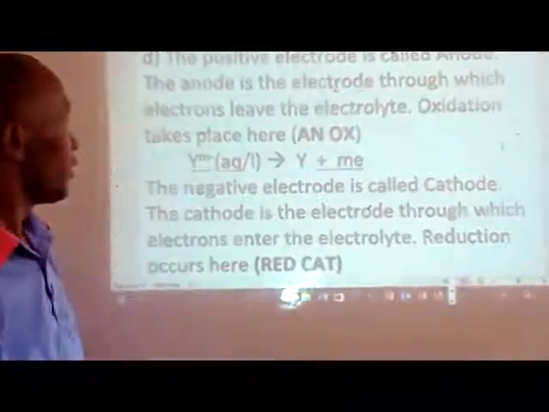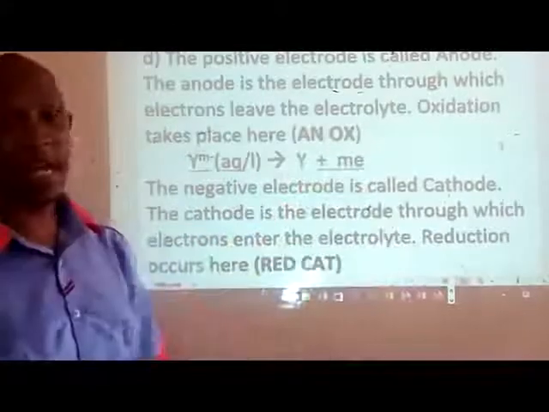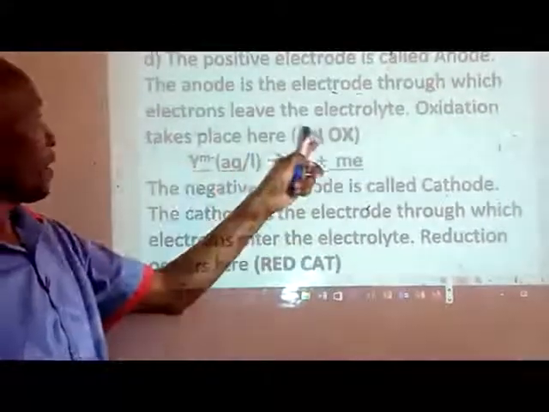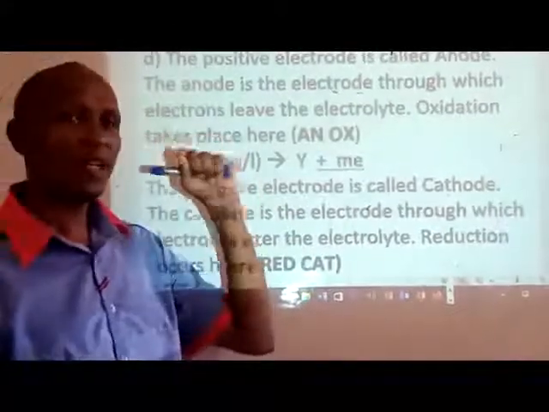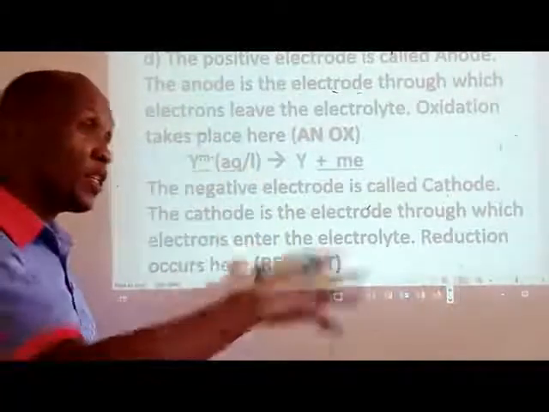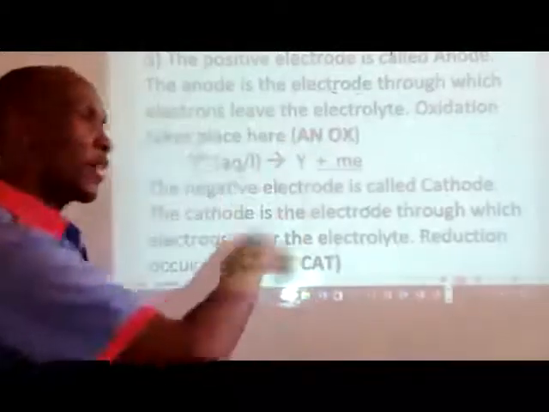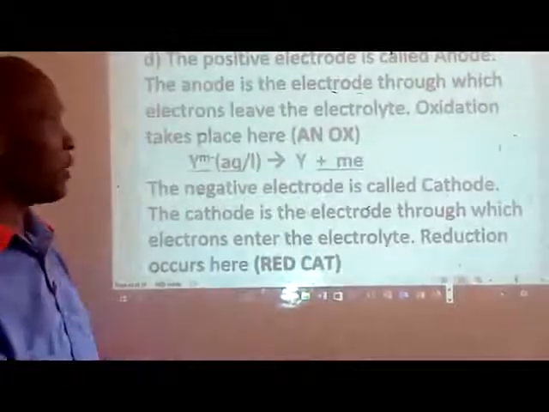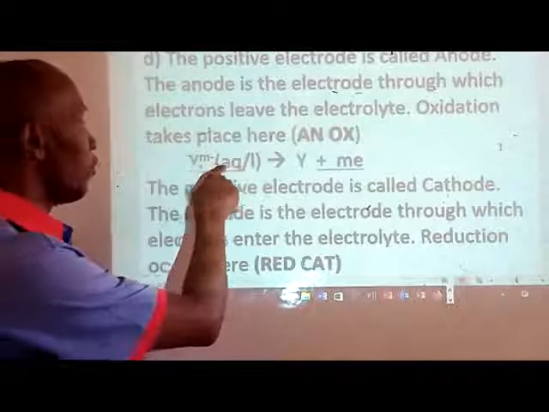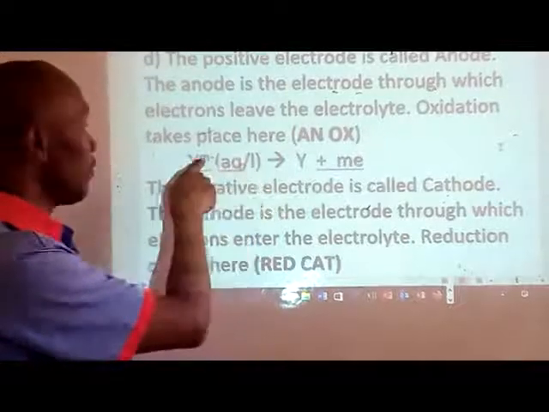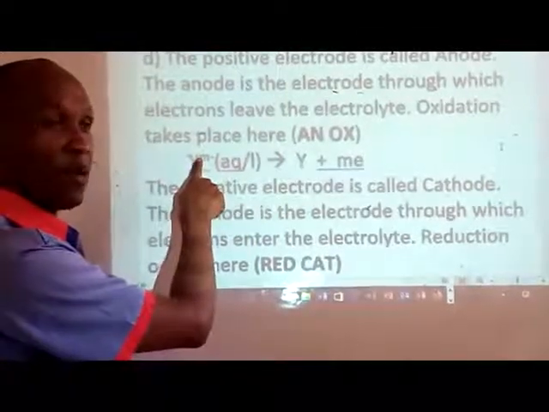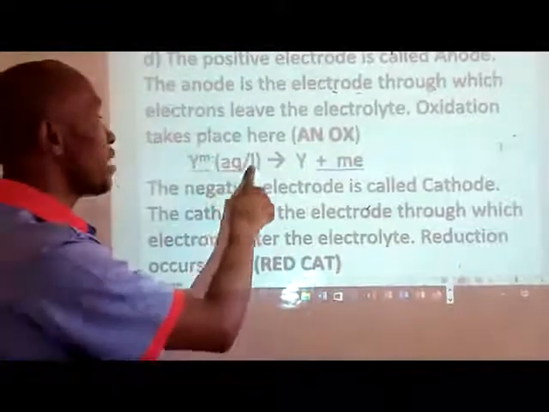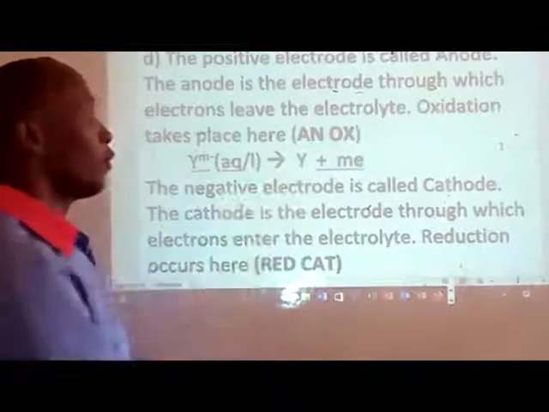So generally, this is a reaction that takes place at the anode. The anode you have said is the positive electrode. So it will attract the negative. To discharge a negative, electrons must be lost. So minus m electrons. So if it has a charge of m negative, minus m electrons to form y.